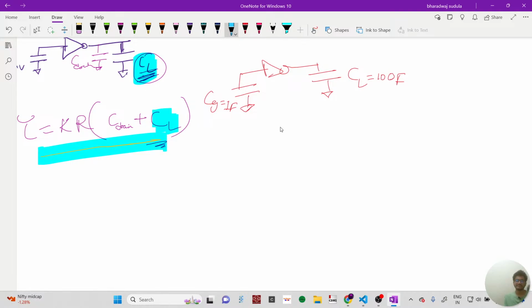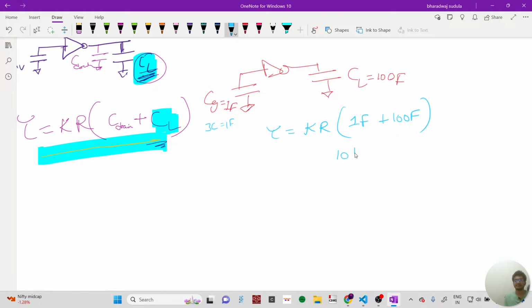The delay will be k times resistance times drain cap. Drain cap is CG, which is 1F, so the drain cap is 1F and the load cap is 100 farad.